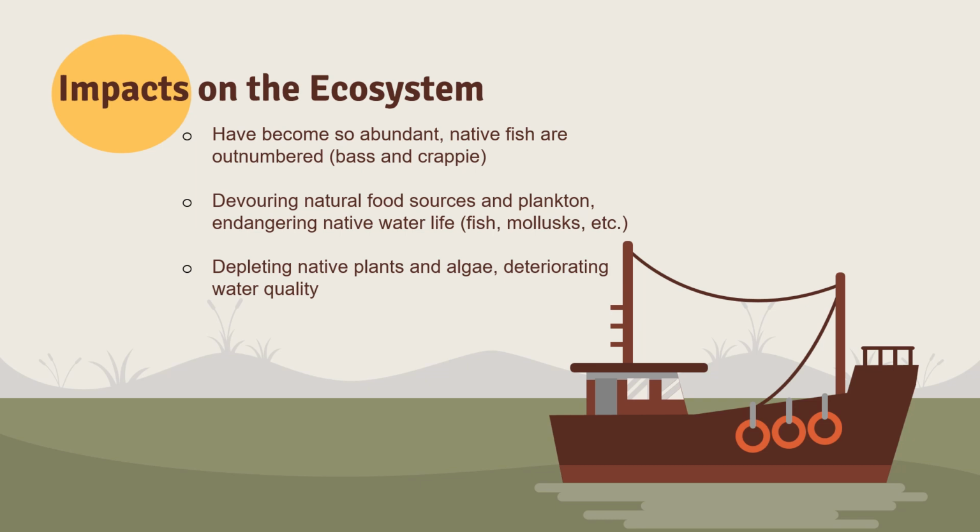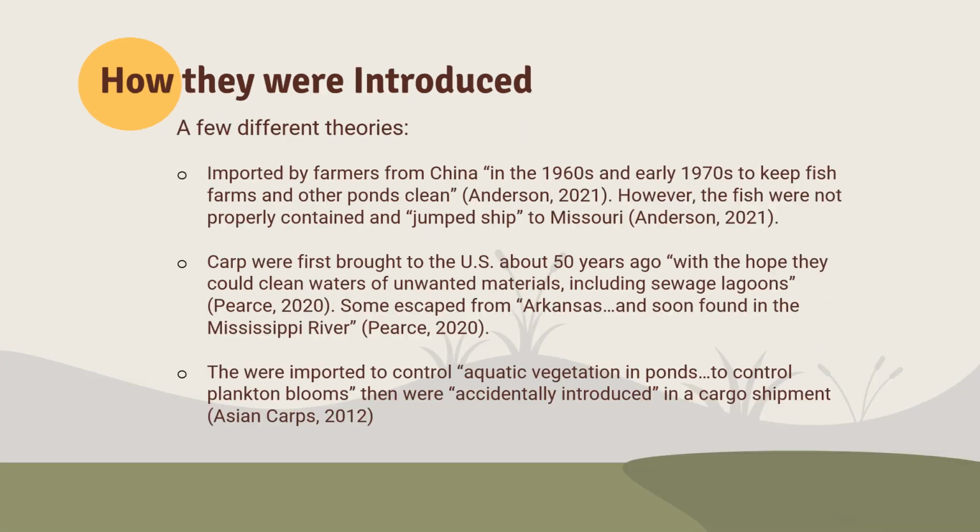So native fish, the mollusks that are native to the Mississippi River and in the Missouri area are becoming endangered because they don't have any sustenance or food to eat off of. The carp are also depleting native plants and algae, and so that natural filter system that's in the river is completely depleting. So water quality is actually deteriorating and becoming an issue.